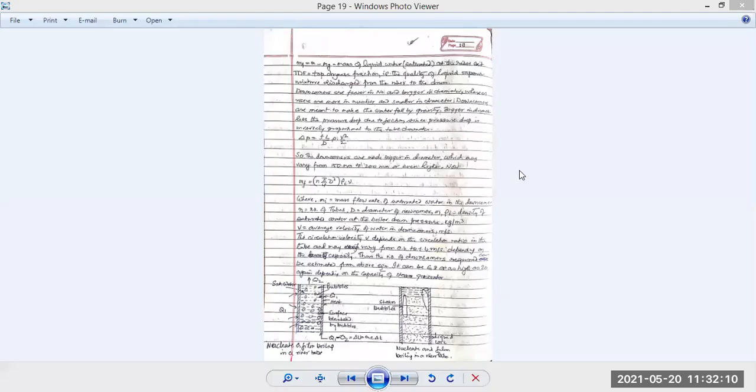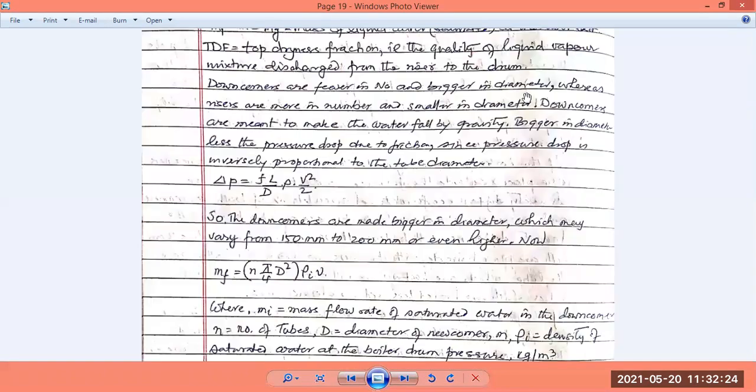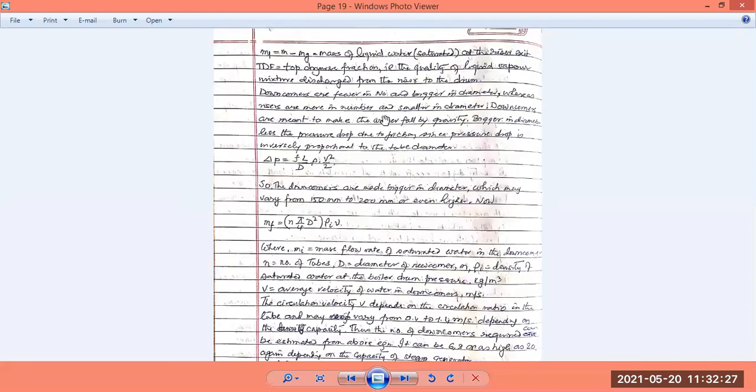In the last class, we discussed the circulation inside the boiler itself.